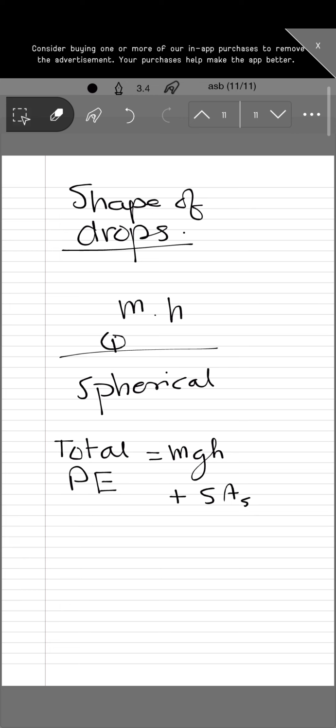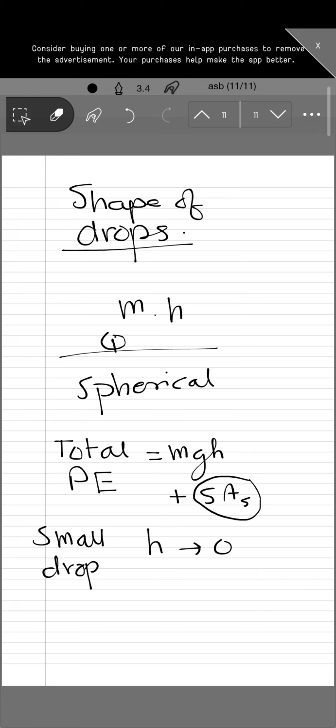So these two combine to form the total potential energy of the liquid drop. Now if the drop is very small, the height of the center of gravity gets neglected and tends to 0, and the main contribution comes only from the surface tension of the drop. However, if the size of the drop increases, for a larger drop, the mgh part becomes more dominant.